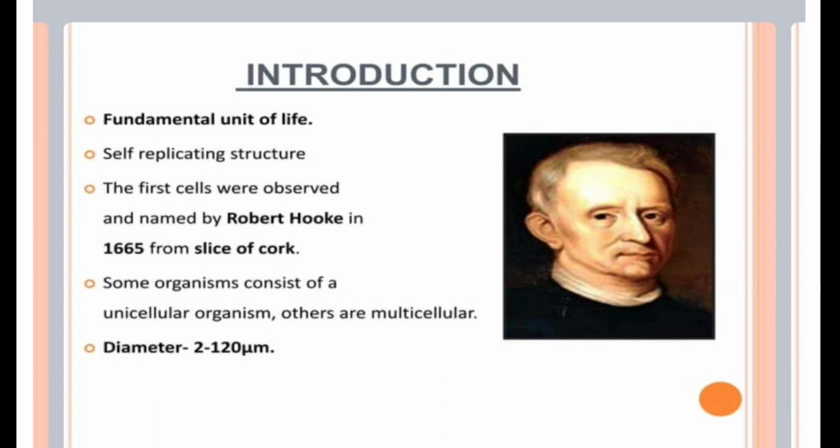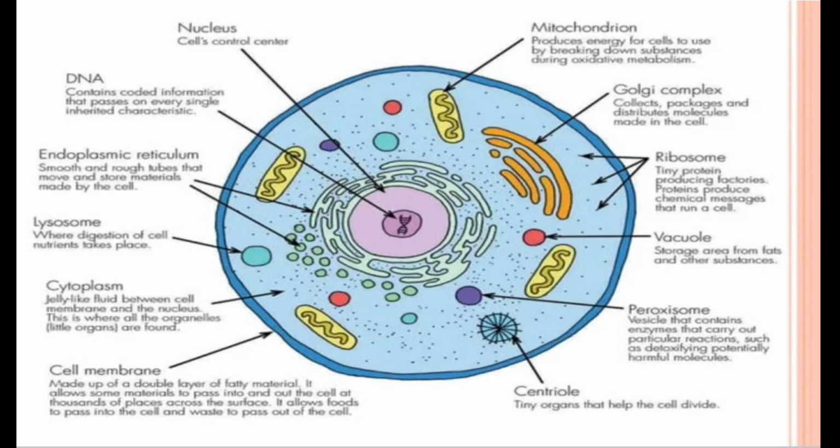And next, as you can see in this picture, it is the structure of a cell, and inside the cell there are numerous various organelles. Okay, so first we can see there is a round, big-shaped nucleus. We know that the human body has a brain, and the brain controls everything.